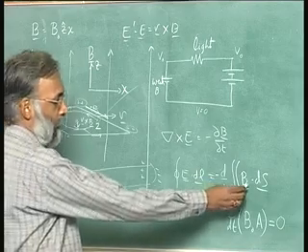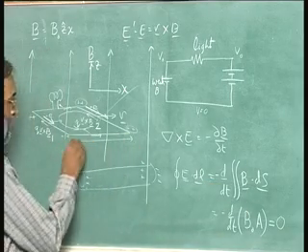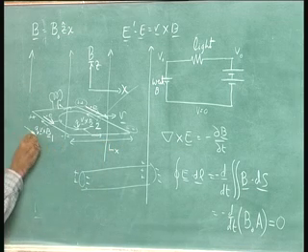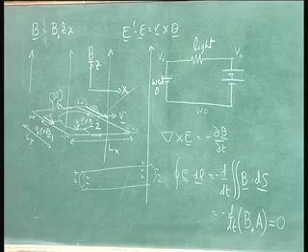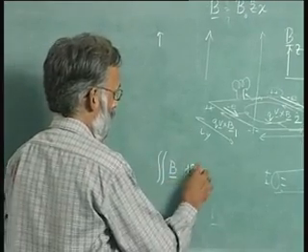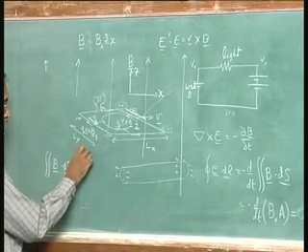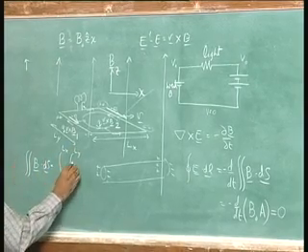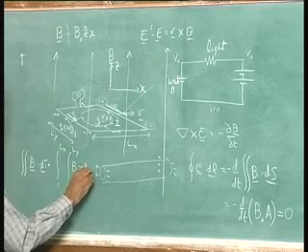Now, if we want to calculate this surface integral, let us assume that this has some length Lx, this has some length Ly. So, the surface integral B dot ds is equal to integral 0 to Lx, integral 0 to Ly, B naught x dx dy.